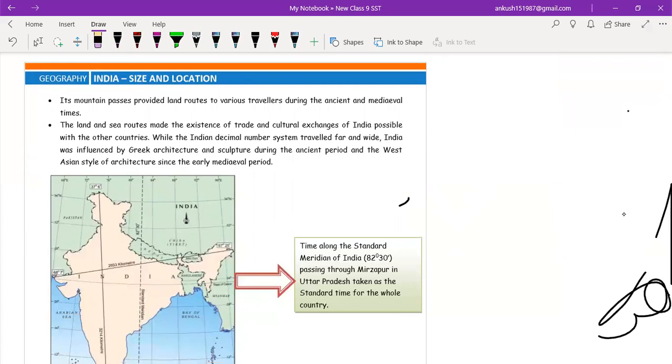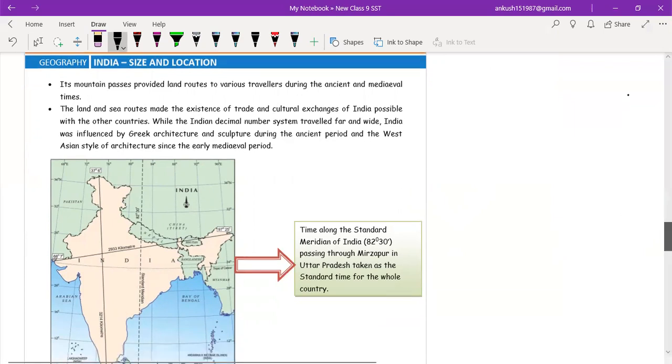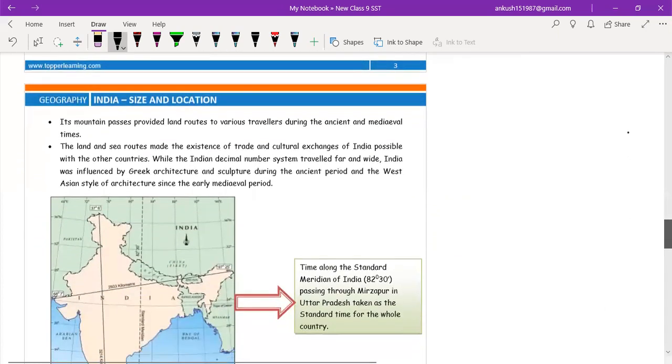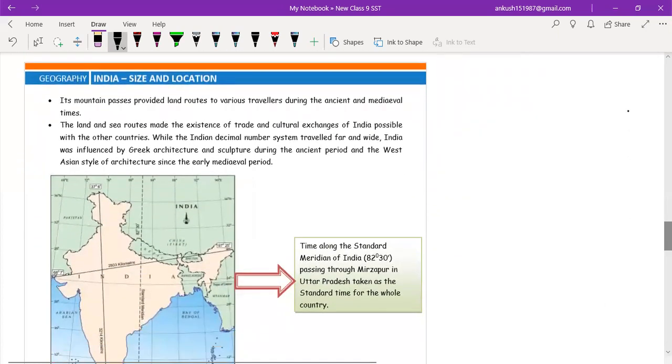So this was completed, no, sir? No, we did not complete it. We told that Mirzapur and Gujarat, one city, had a time difference. But it has come now, so we will learn that. See, India in the world we are studying here. Its mountain passes provide land routes to various travelers during the ancient and medieval times.